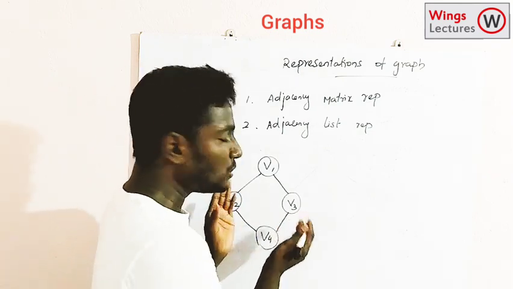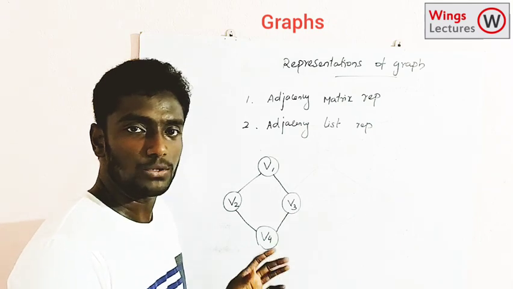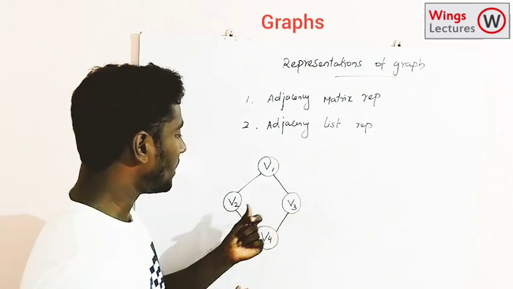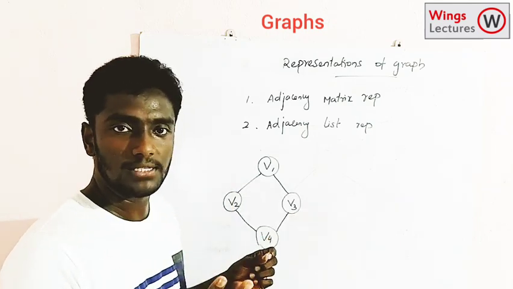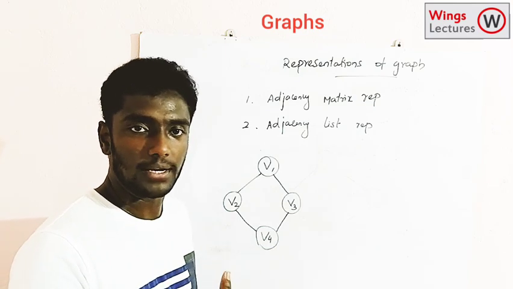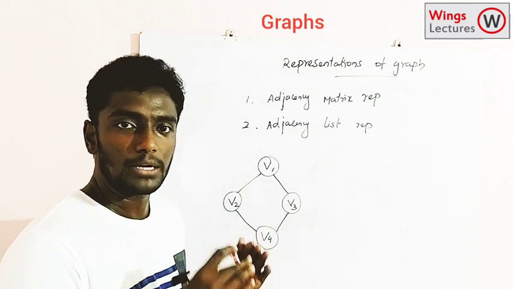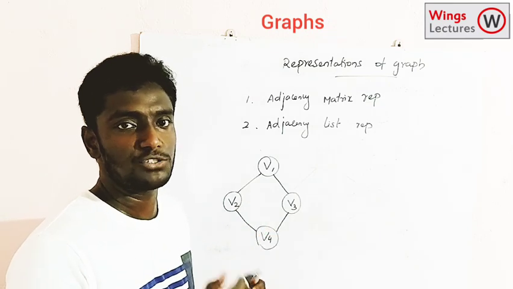Using the graph, I'm going to make one adjacency matrix. The logic is, if you have an edge between two nodes, we represent the matrix value as 1. If there is no edge between two vertices, we represent the matrix value as 0.